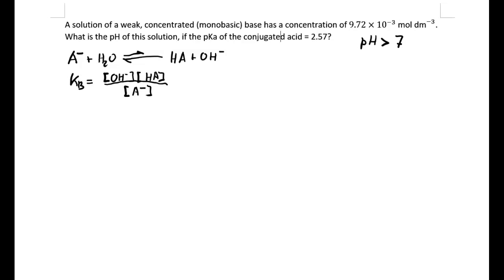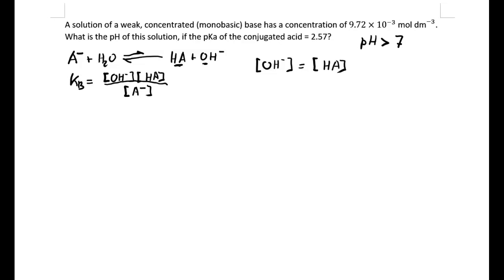We also know that for each acid that we produce, we produce one hydroxide ion. So we can write OH minus must be the same concentration as the acid that is generated.